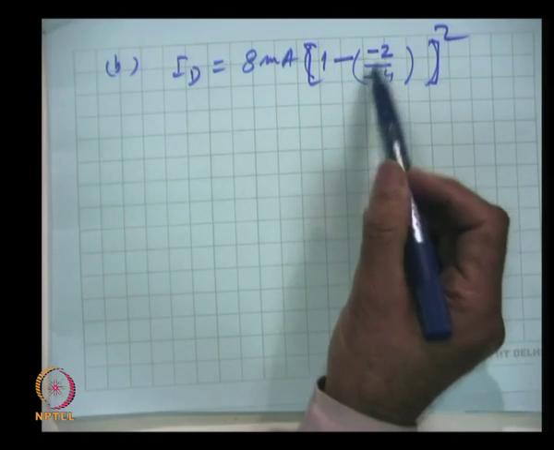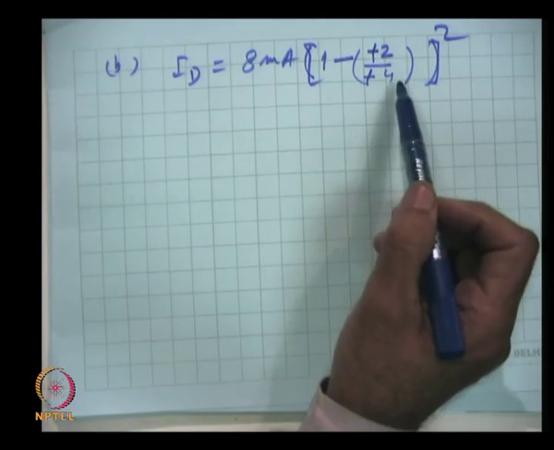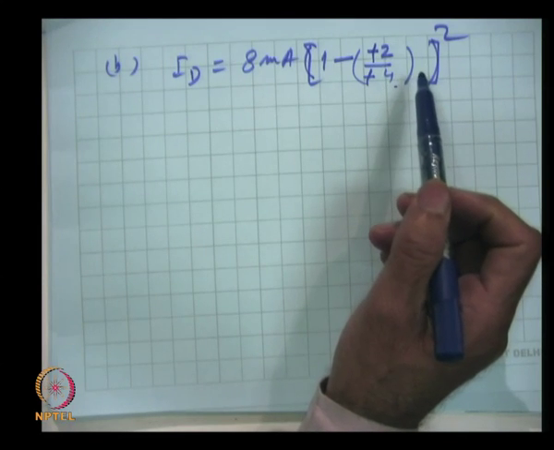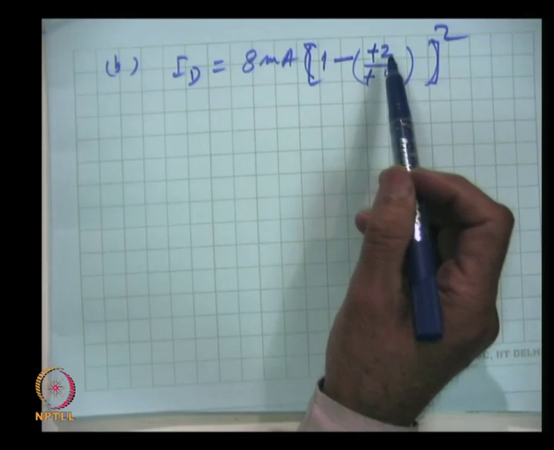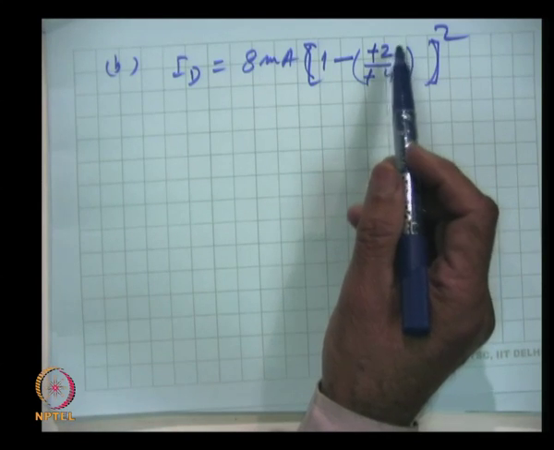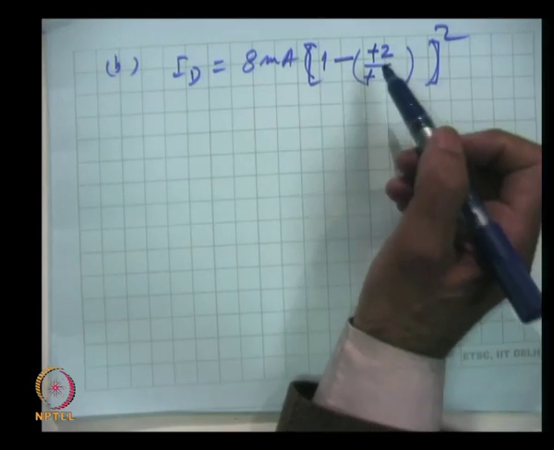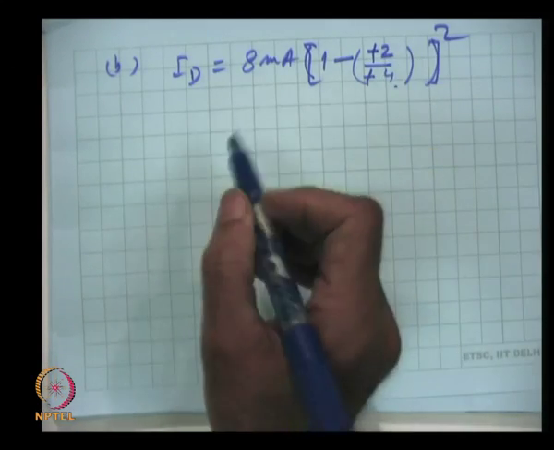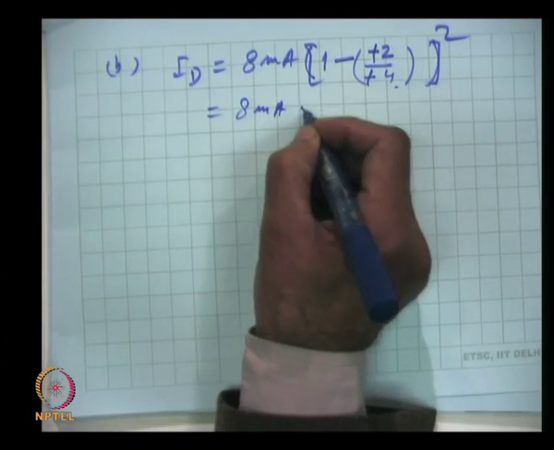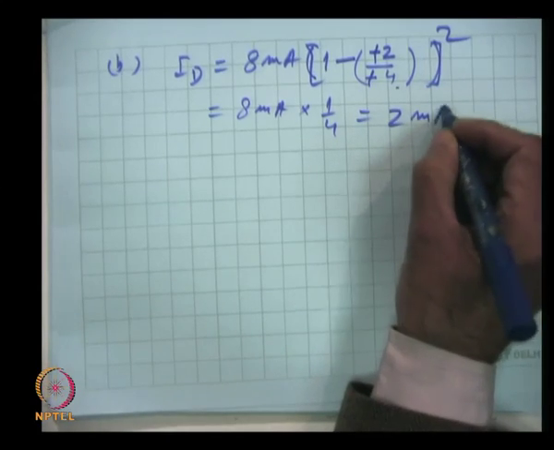So, just substituting magnitudes, so there is no confusion about sign, it is better we talk in terms of magnitude. We have substituted the magnitude of VGS and VP also, and so this results in a current of 8 milliampere into 1 by 4, which is 2 milliampere.